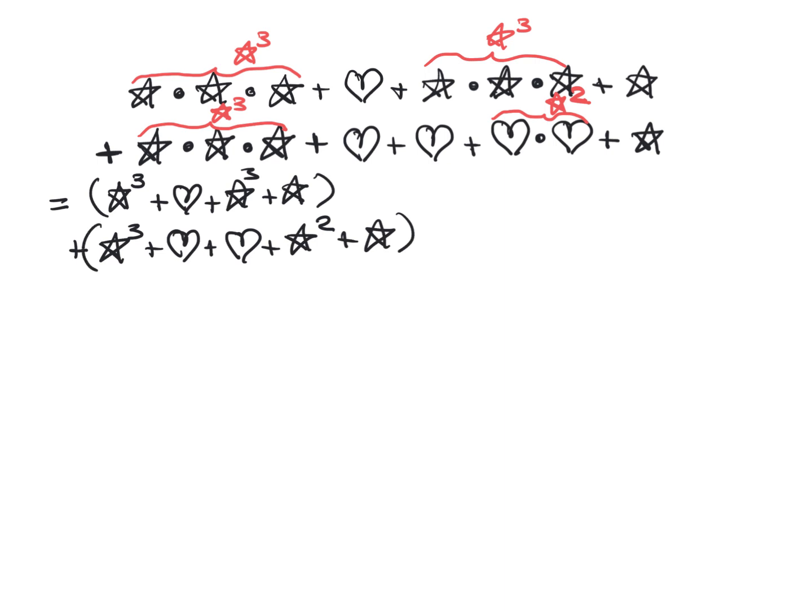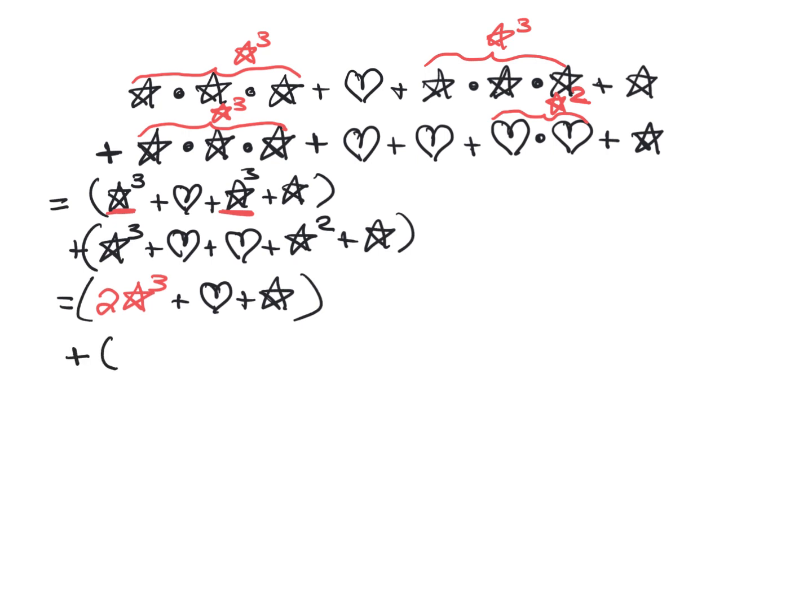Okay, now I can simplify each of these polynomials before I add them, right? Notice that I have a repeated star cubed. So if I was reading these polynomials, I could say star cubed plus heart plus star. So I have those 2 star cubes plus the heart plus the star in the first one.